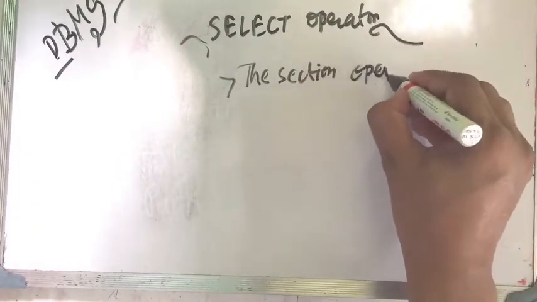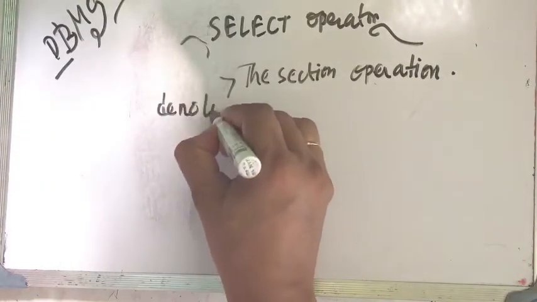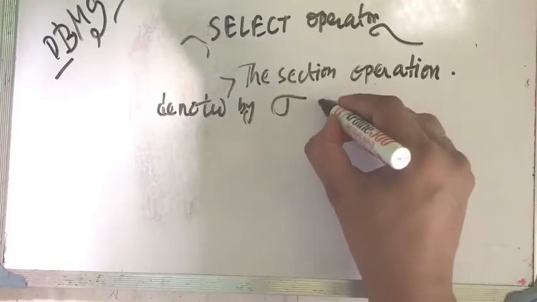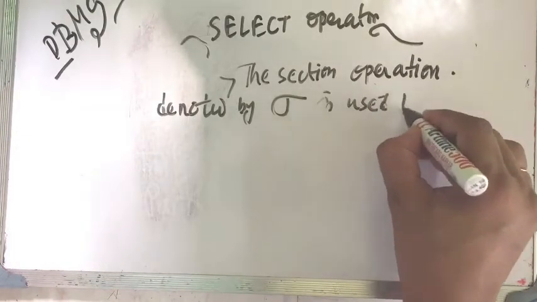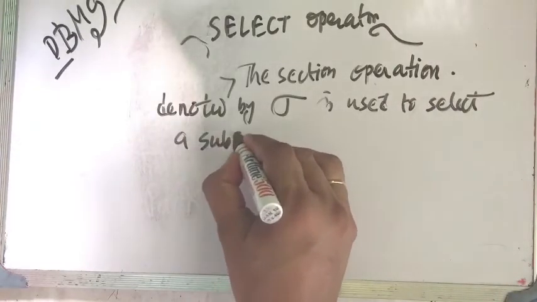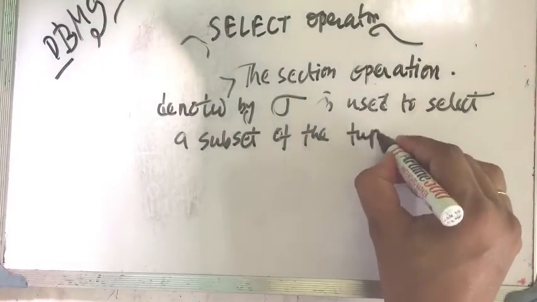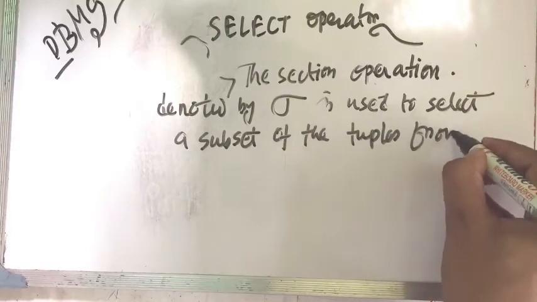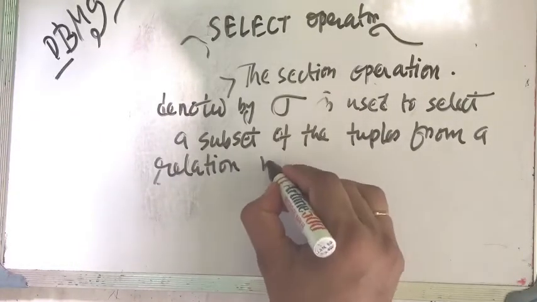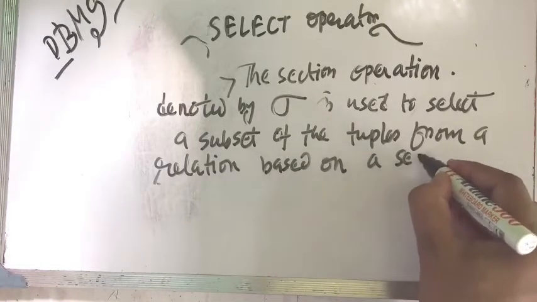The selection operation, denoted by sigma, is used to select a subset of the tuples from a relation based on a selection condition.